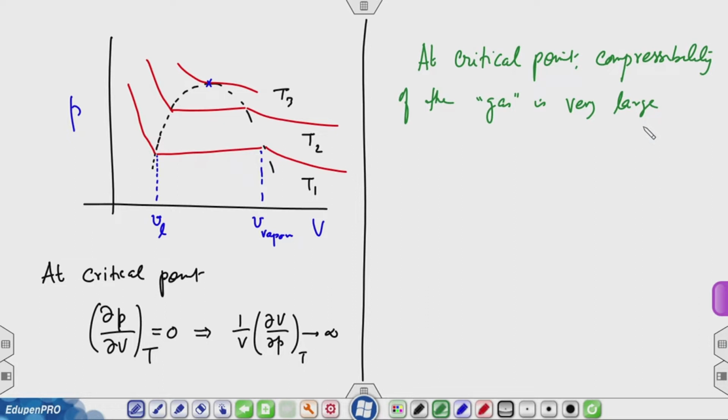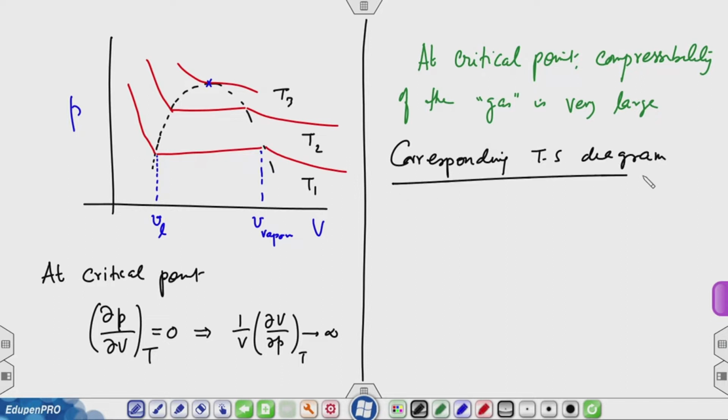If you look at the corresponding TS diagram, it looks something like this.